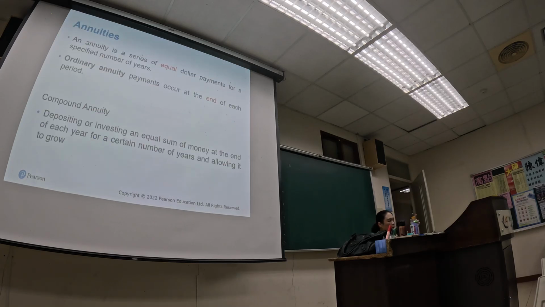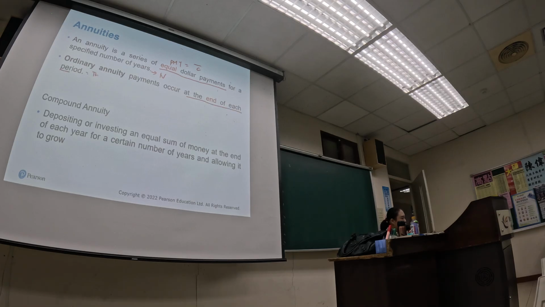Okay? So we have to remember this. Let's come back to this definition. Annuity is a series of equal dollar payments. So here you write down, this is your PMT equals to C bar, for a specific number of periods, that's the N, right? Ordinary annuity occurs at the end of each period.